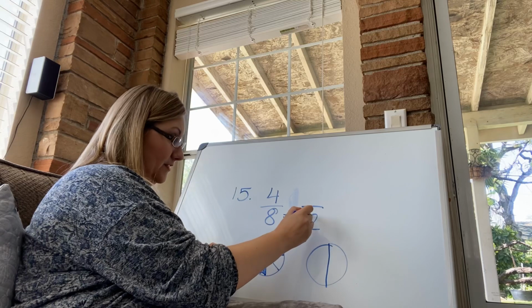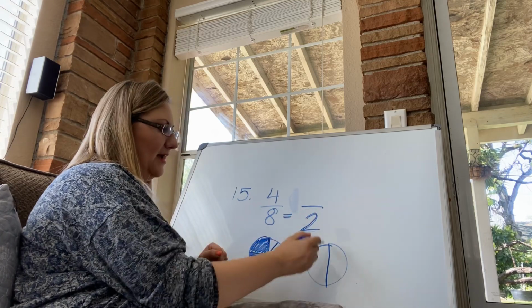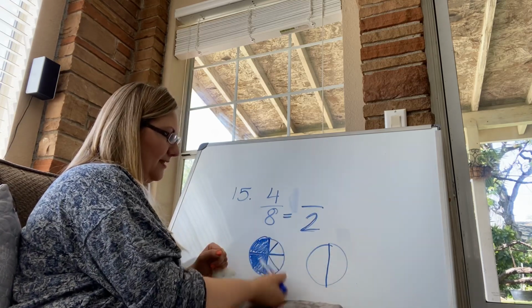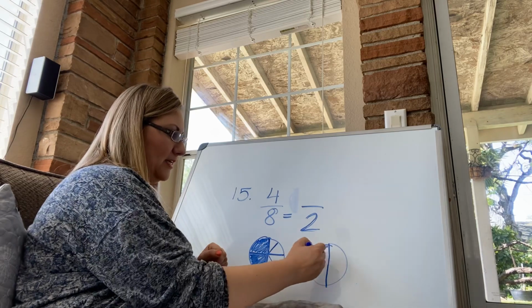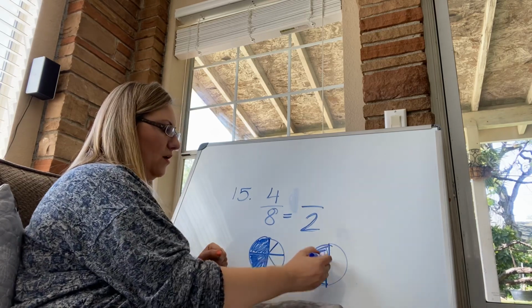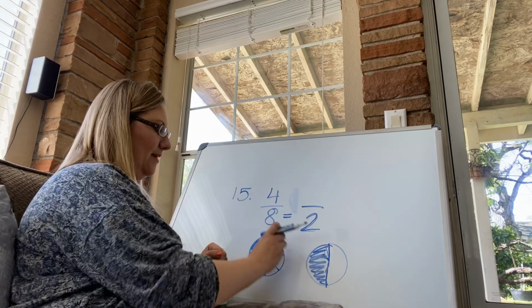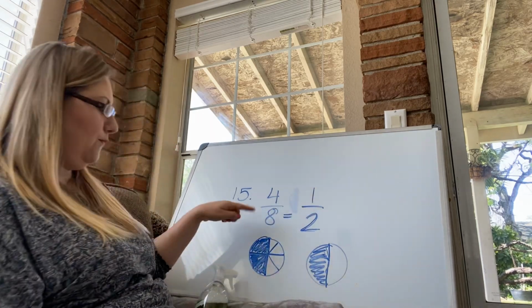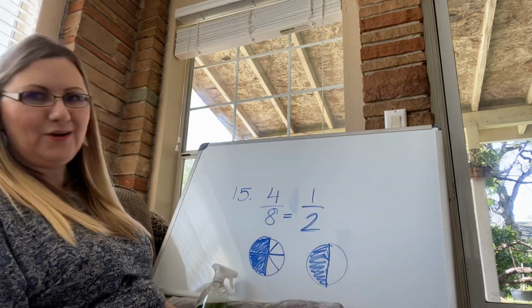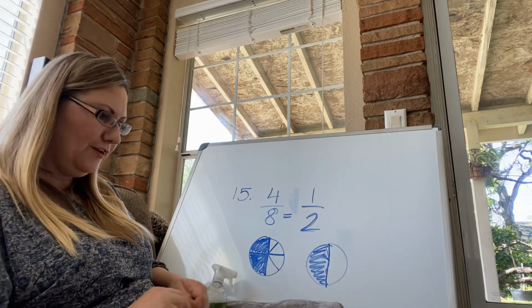If something's cut into 2 like this, how many of those halves will it take to make 4 out of 8? We can see easily that 1/2 is the same amount of shading as 4 out of 8. Okay, hopefully that's easy peasy for you by now.